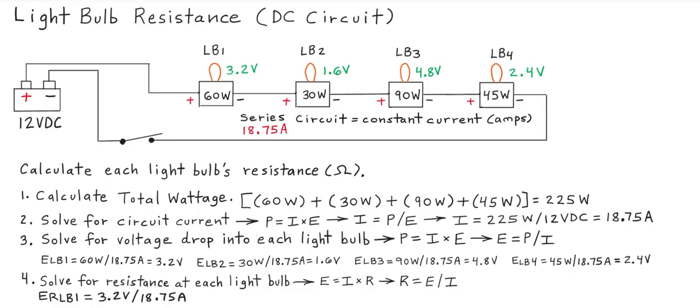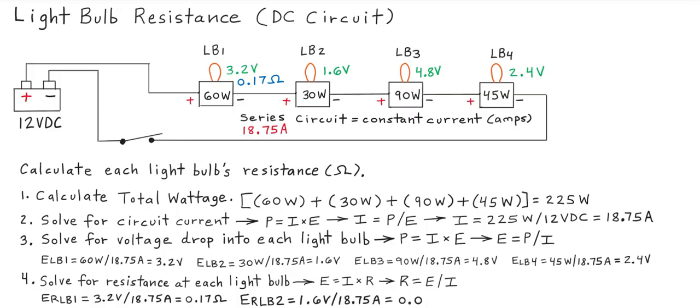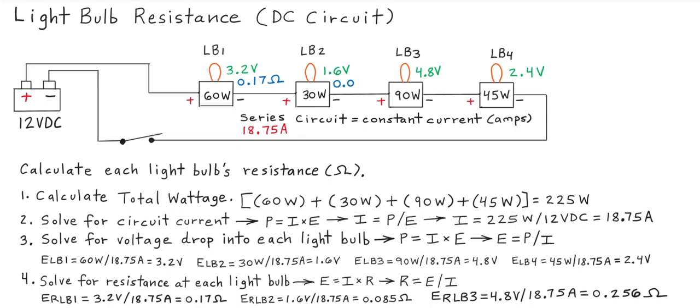So for light bulb number 1, its resistance is 0.17 ohms. Light bulb 2 has 0.085 ohms. Light bulb 3 is 0.256 ohms.